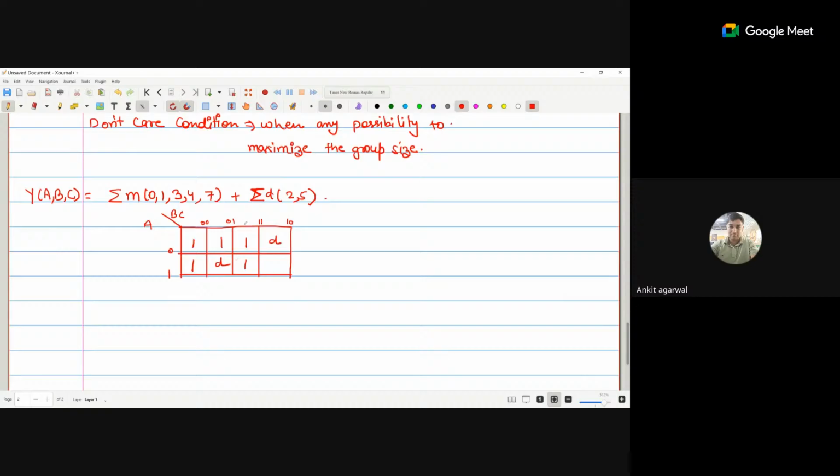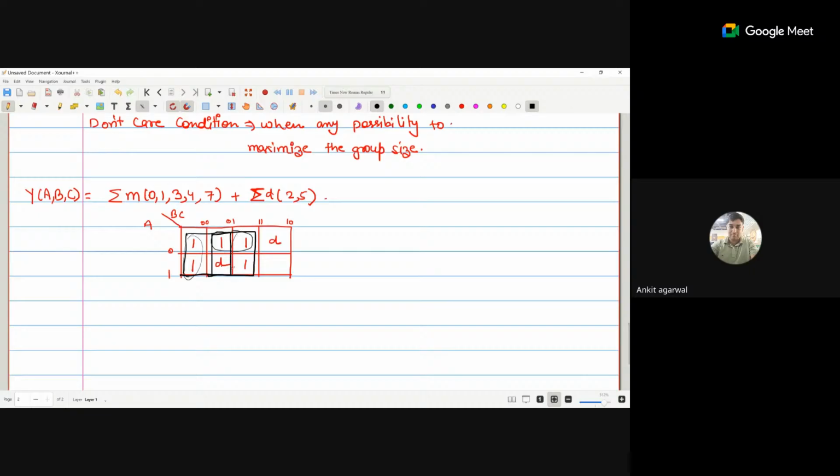Now we can create a group. One group is this one, and another group is this one. We consider this group to maximize the size. Otherwise, what will happen? We have to create a group of 2, and another group of 2.